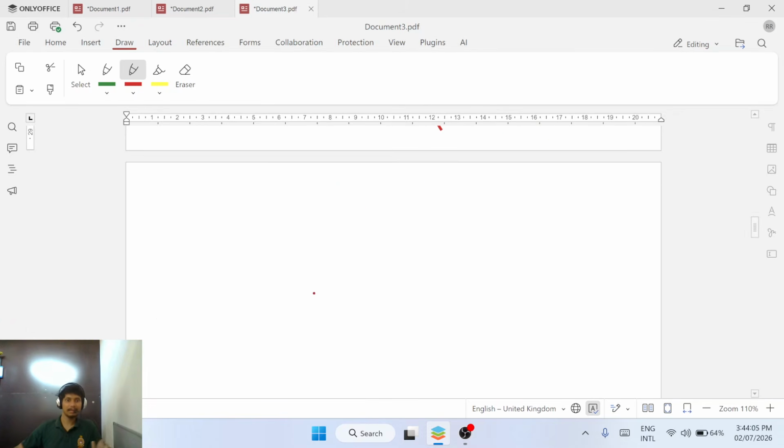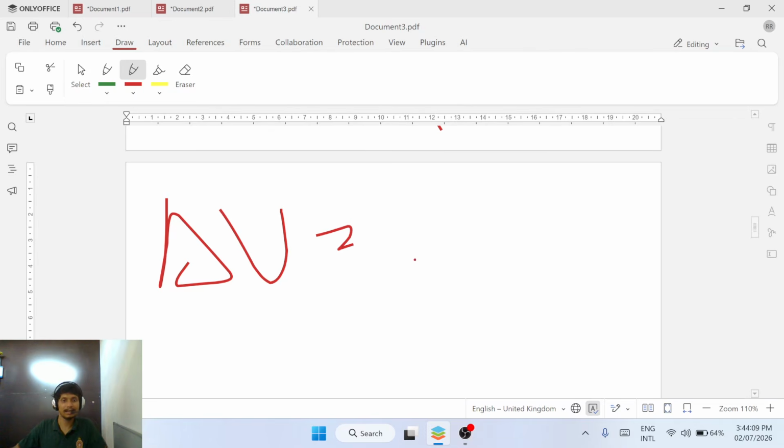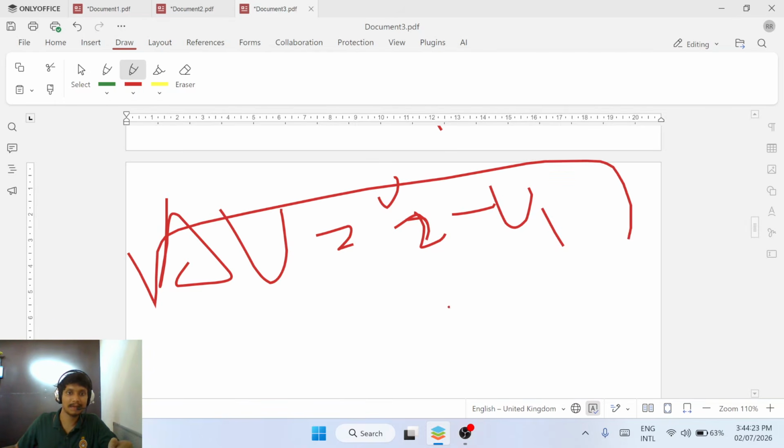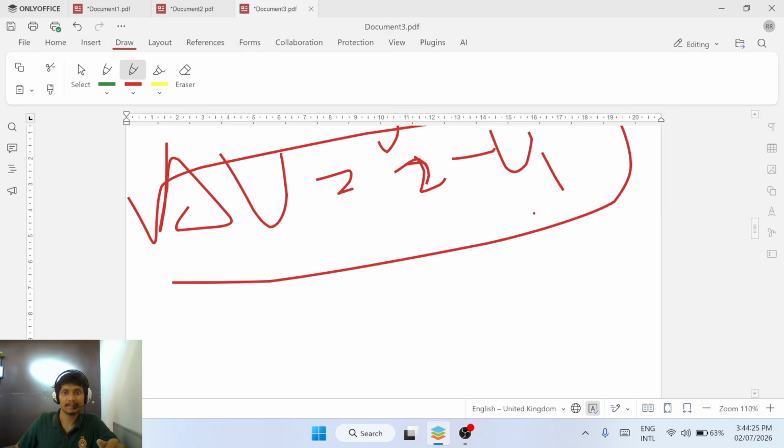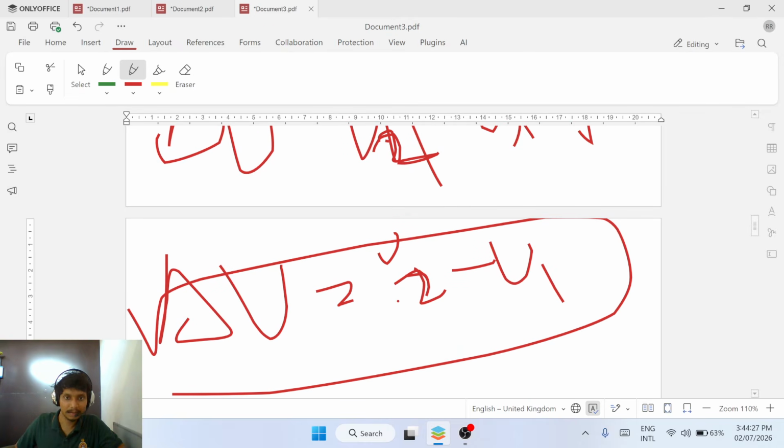Therefore, to find the change in internal energy, you subtract from final to initial. U1 is the initial stage, U2 the final stage.